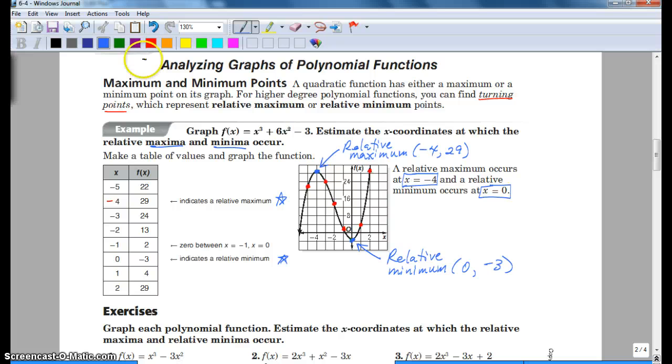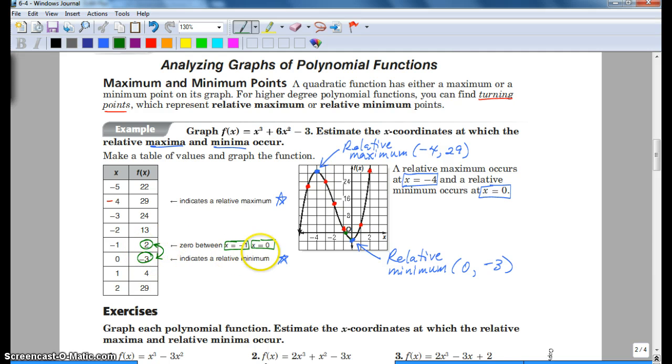They also do highlight that there is a 0 between negative 1 and 0, and there's another one between 0 and 1. Well, technically, 0 and negative 1 speaks to this 0. It's actually that particular 0. Which again, if you look at the sign change here, one's positive, one's negative.